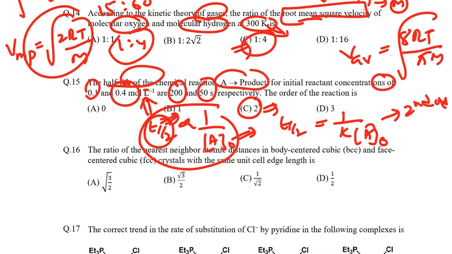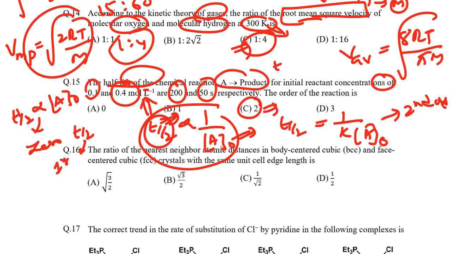Now just note important relations here. We know that t half is directly proportional to the initial concentration of A for zero order reactions, and t half doesn't depend on initial concentration for first order reactions.